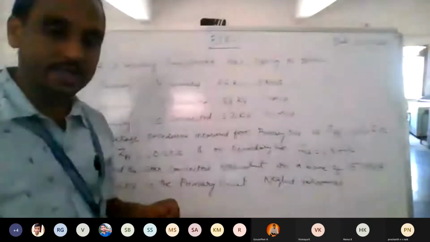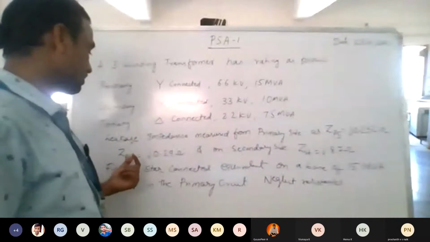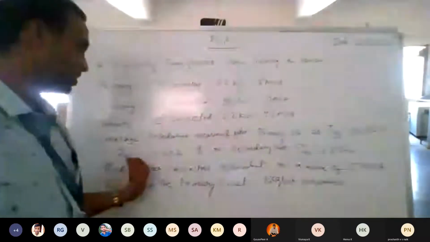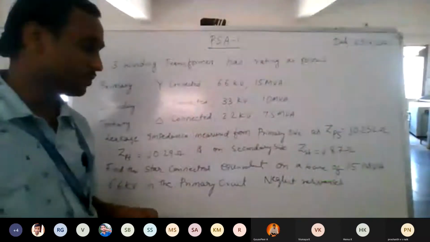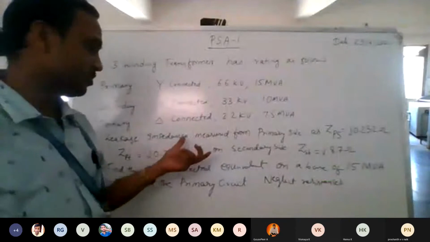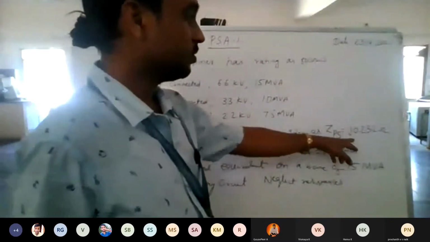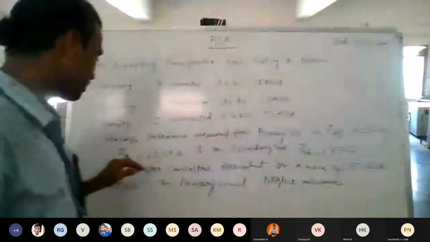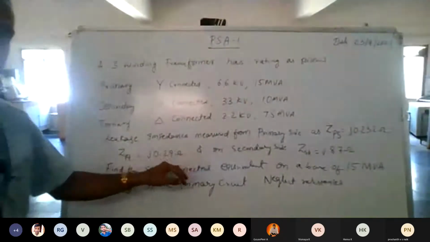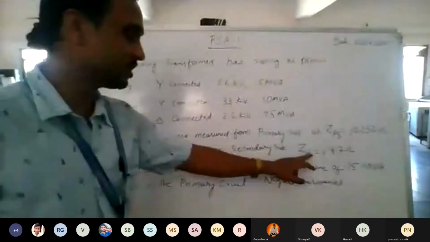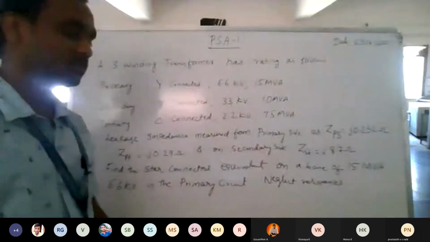And the leakage impedances ZPS, ZPT and ZST are given. When you measure between primary and secondary, what is the impedance? Primary and tertiary? Secondary and tertiary?